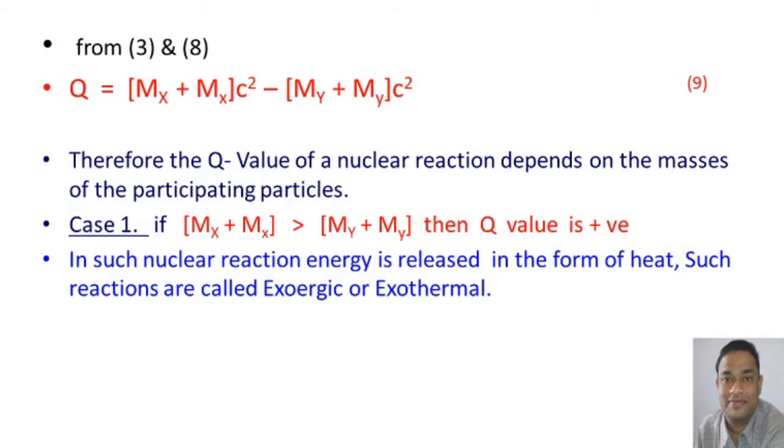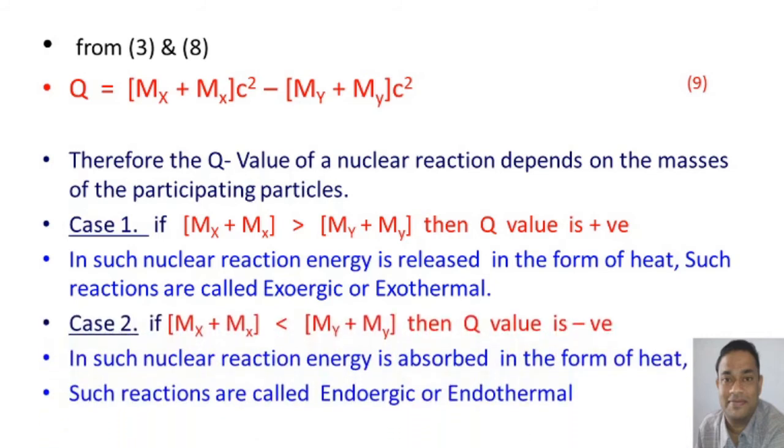So what does a positive Q value indicate? If the Q value of a nuclear reaction is positive, it means that energy is released in the form of heat in that particular nuclear reaction. And whenever heat energy is released, such reactions are called exoergic or exothermal.